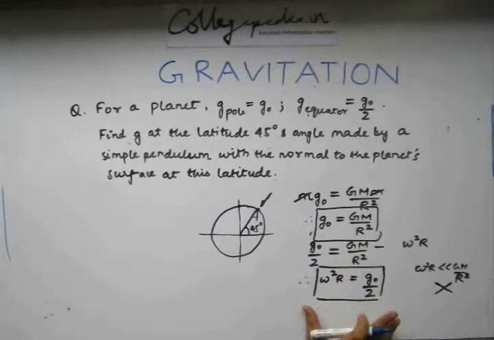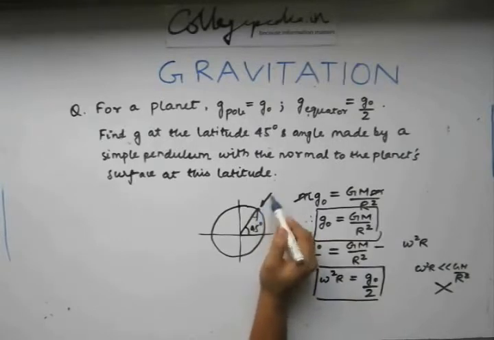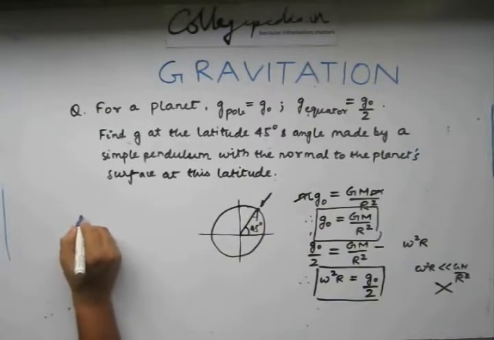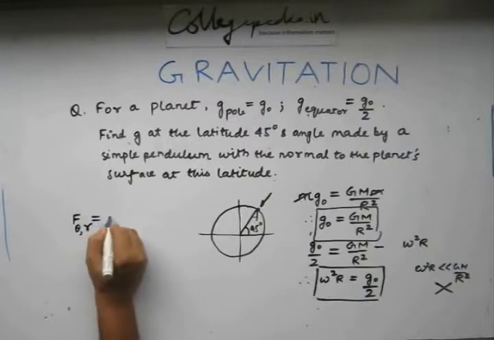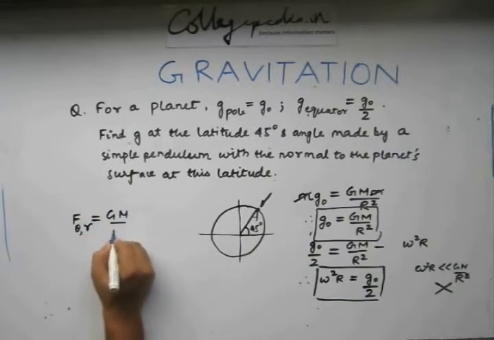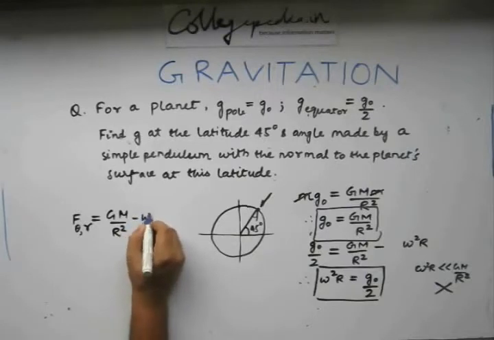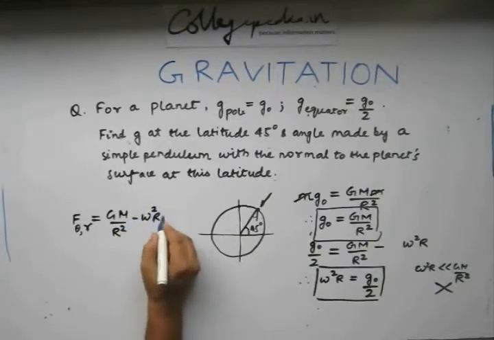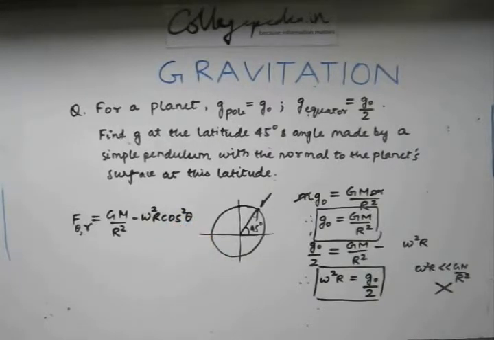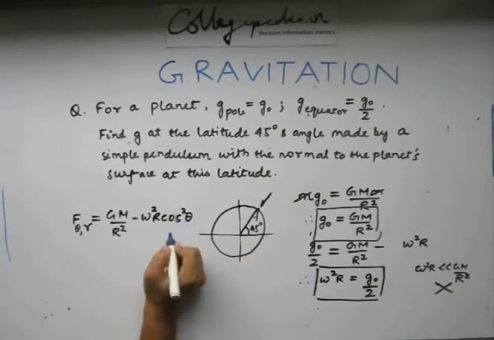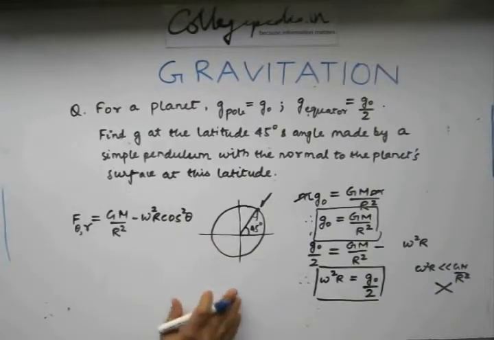Because we have found out these values, we can now look at the force balance in this direction. The force balance in this direction, as we found out earlier, came out to be F theta radial, which came out to be GM by R square minus omega square R cos square theta. Here theta is 45 degrees, so cos theta is 1 by root 2, hence cos square theta is half.